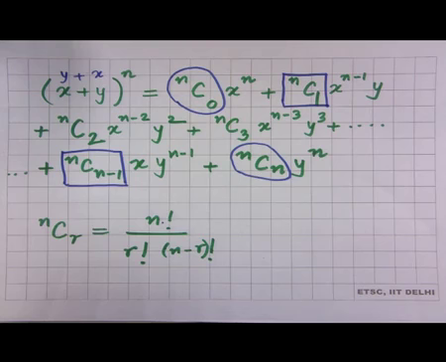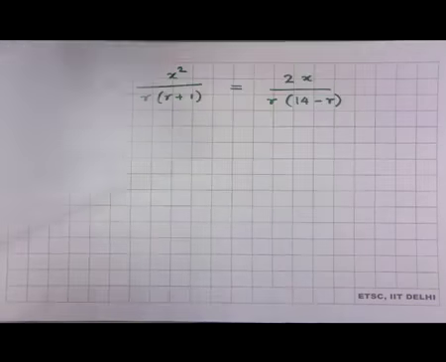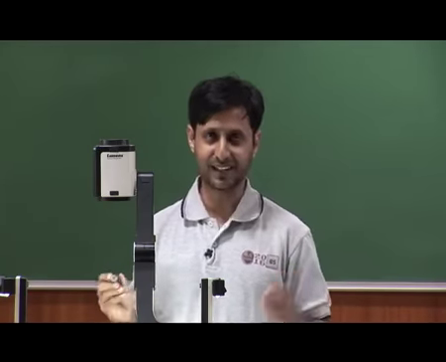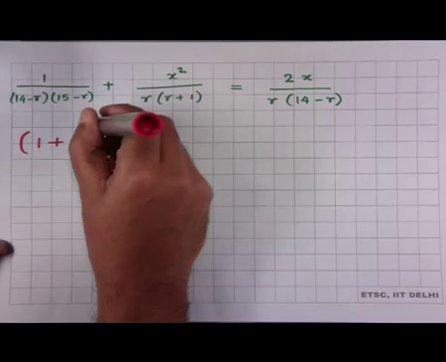The generalization is that right now this formula is for n as a positive integer. It turns out that the same formula will work even when n is not an integer, all right. Even when n is not an integer, something similar will work, not the same, but something similar.